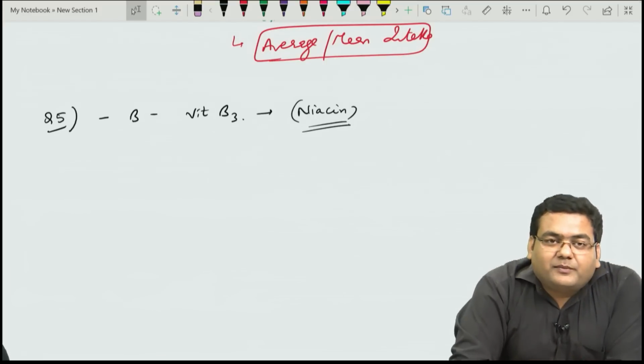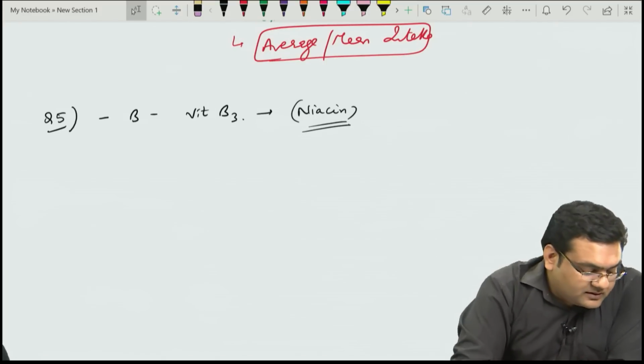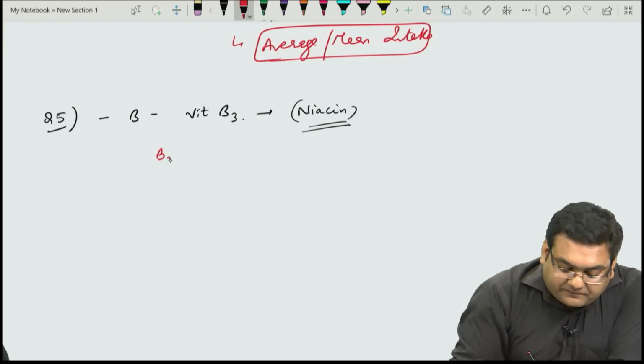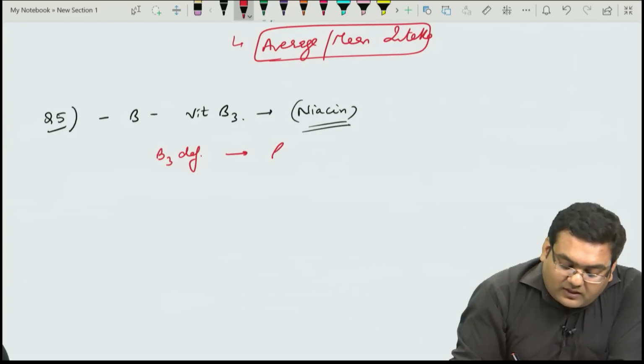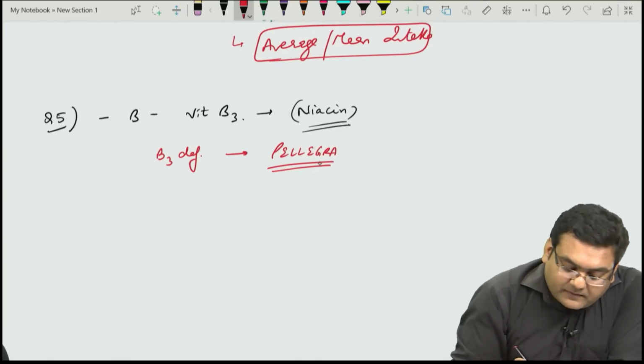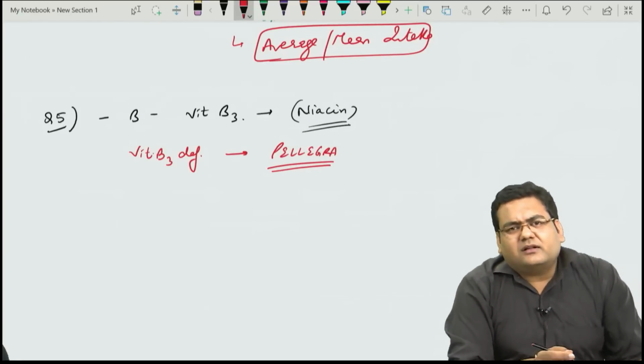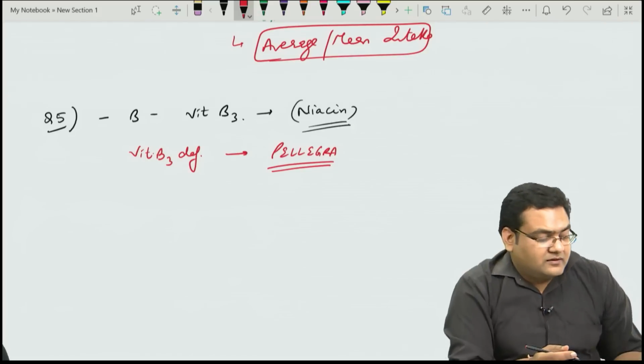It is a group of B complex vitamins. Now vitamin B3 deficiency leads to a disease called as pellagra. Now what are the features of pellagra?